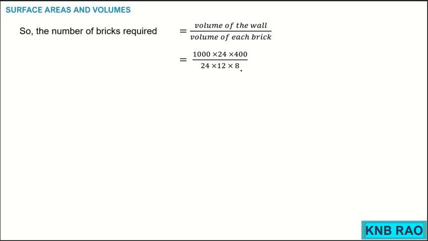Thus, cancelling, we will get 4166.6, so approximately we require 4167 bricks to construct that wall. So, this is how we use the volumes concept.